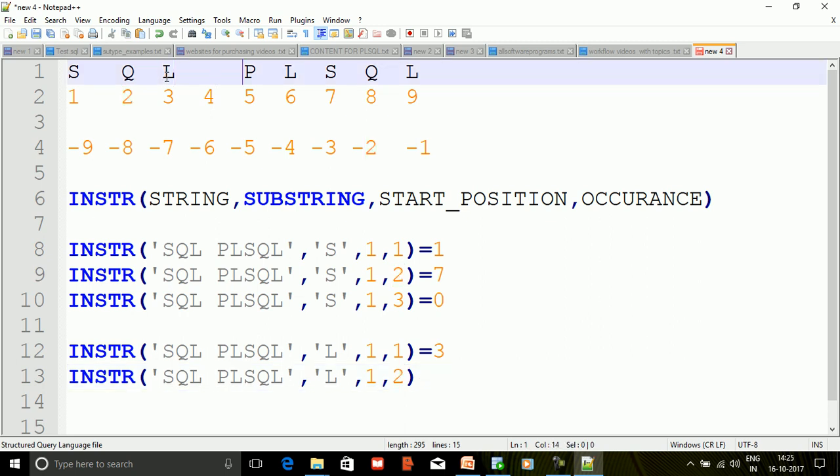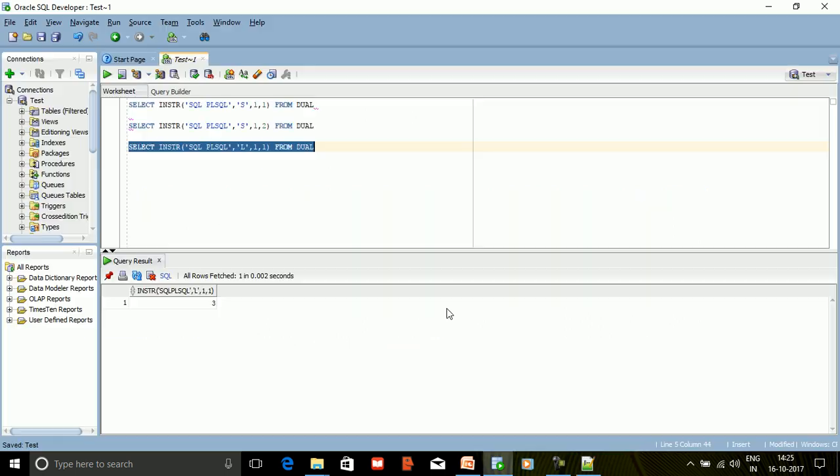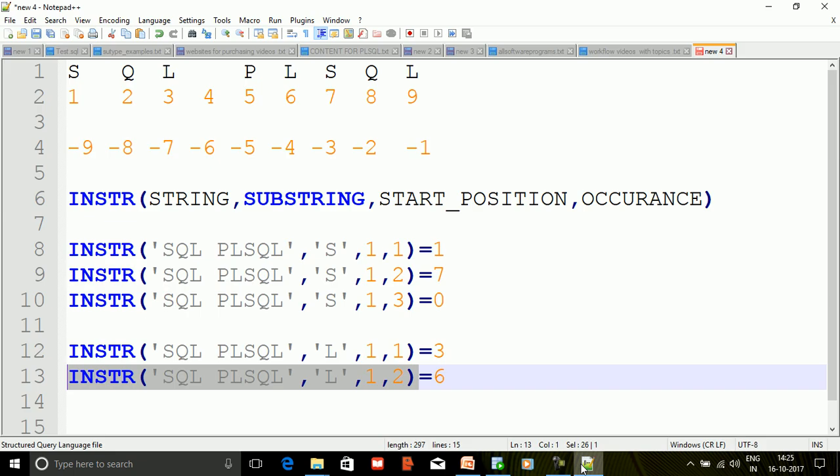Next it goes to the fourth, space is not equal to L, not equal to L, it is equal to L, so it is the second occurrence you have given, so the output must be 6. Let us check this one also. Six is the answer. Very good.